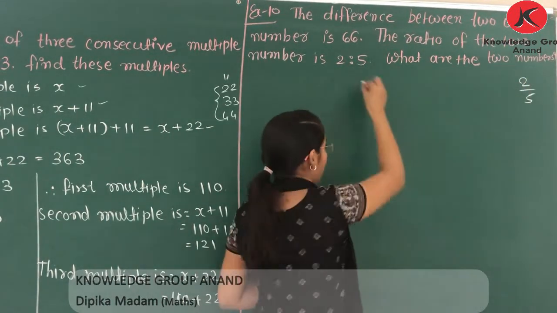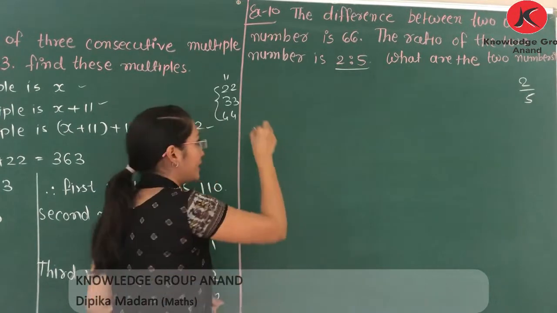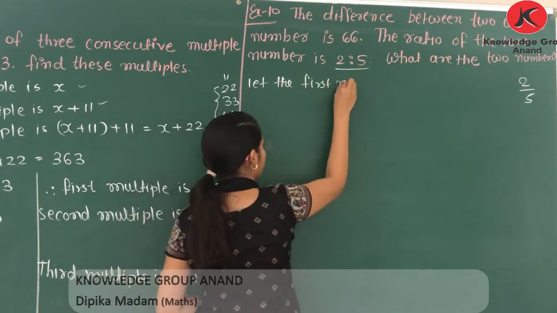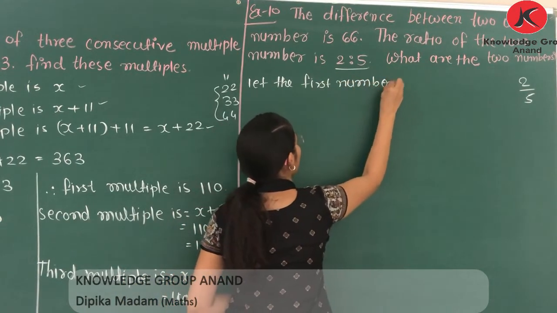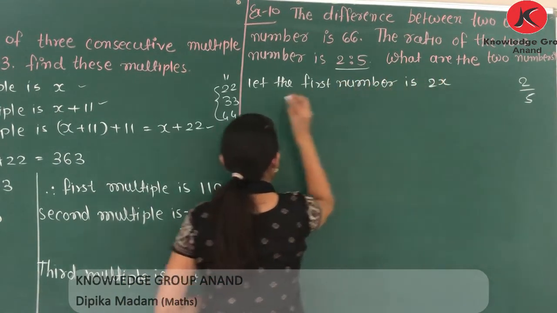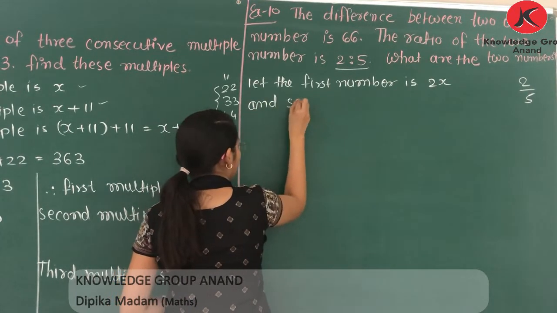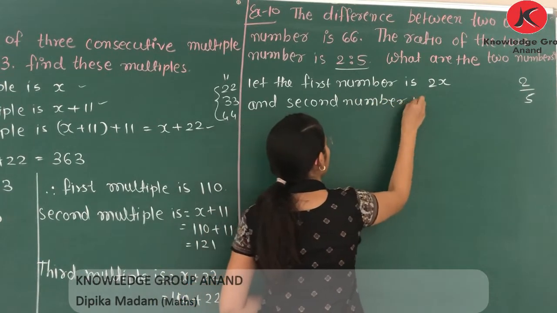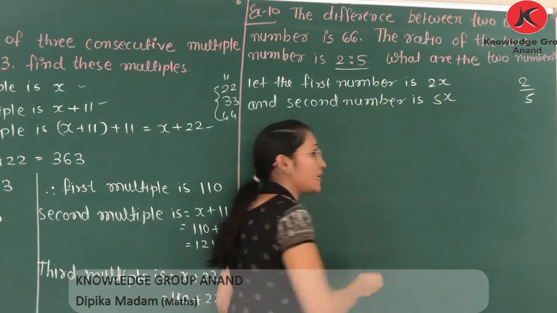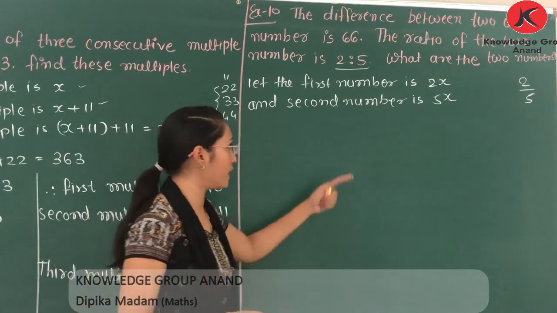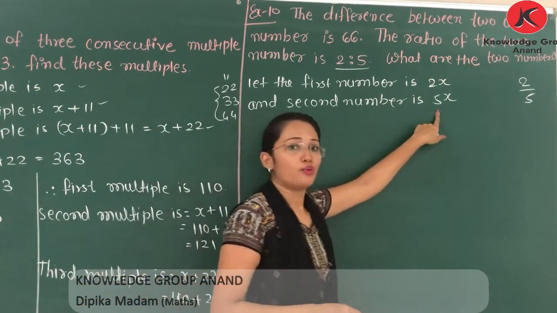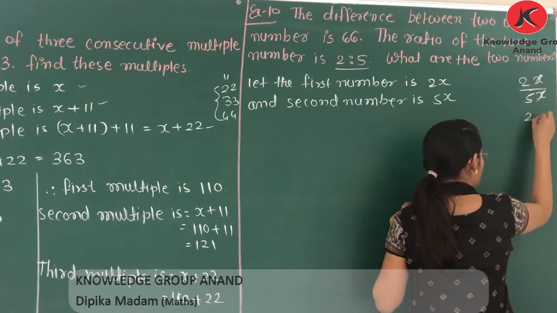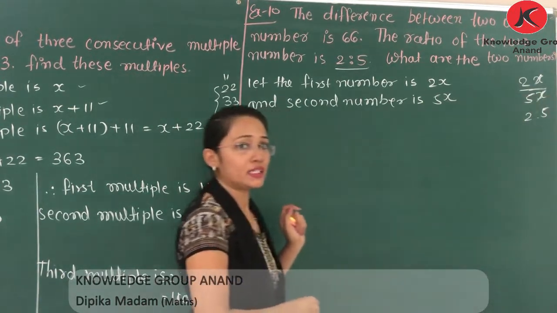Now if the ratio is given, then you can write, let the first number be 2x and the second number be 5x. Whenever in an example a ratio is given, you can write 2x and 5x. Why? Because the ratio of 2x and 5x will be 2:5.